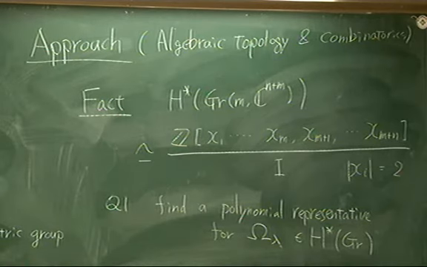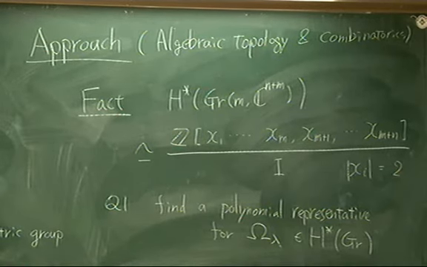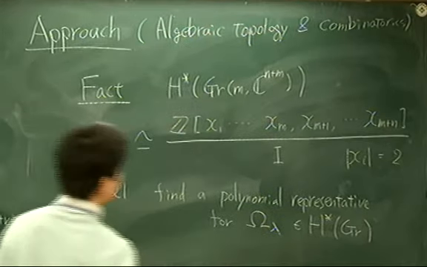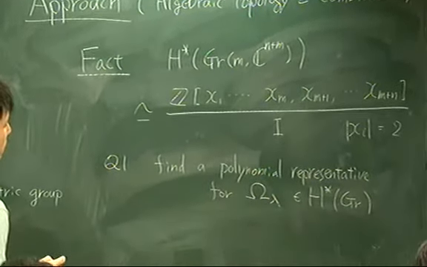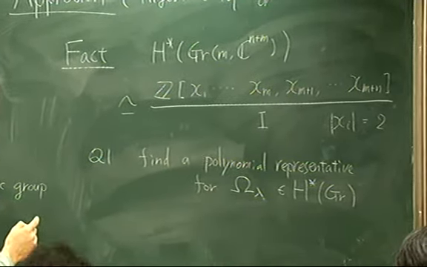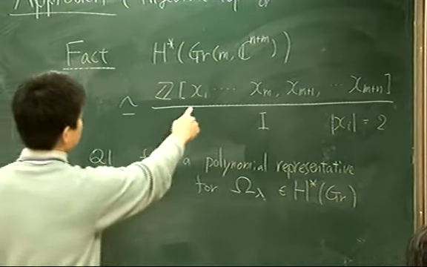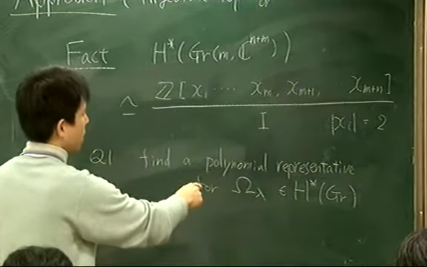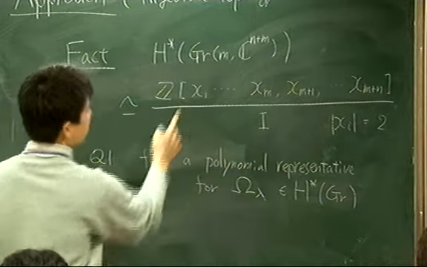This submanifold is called a Schubert variety. So we want to find a polynomial representative for the Schubert variety, because we can write a cohomology class as a polynomial.